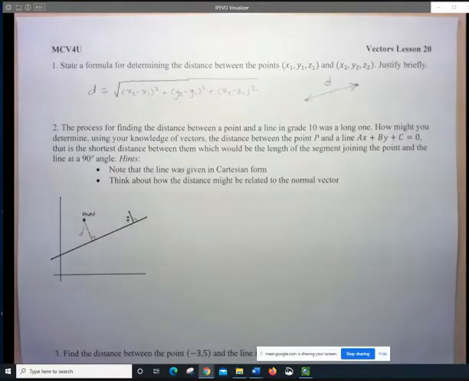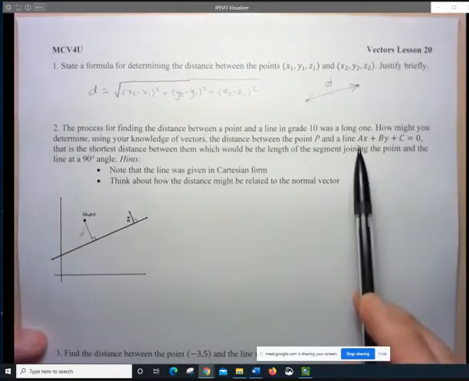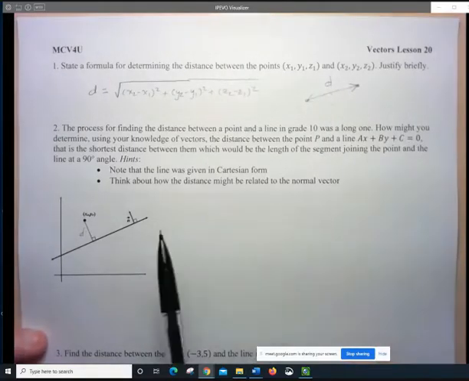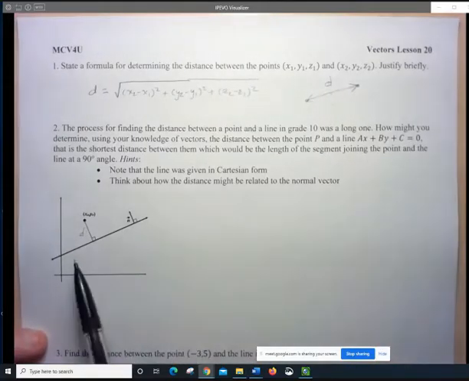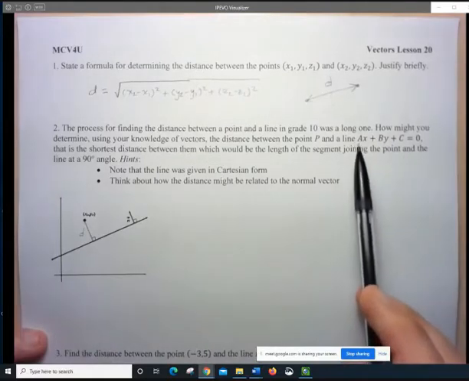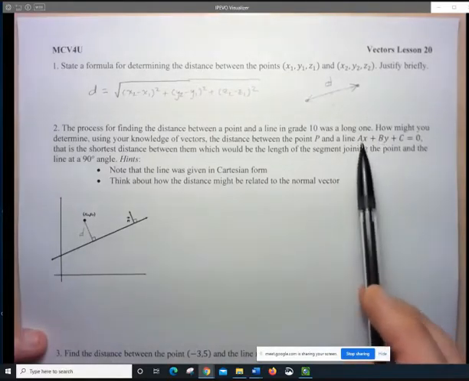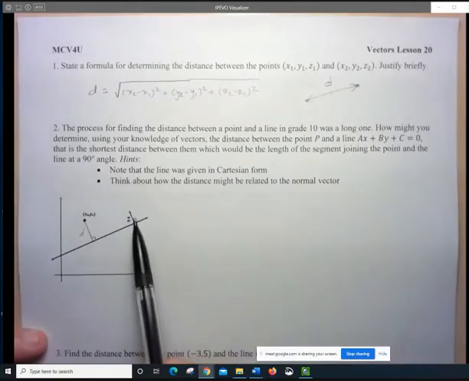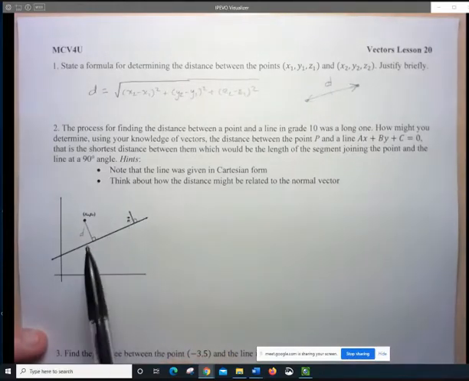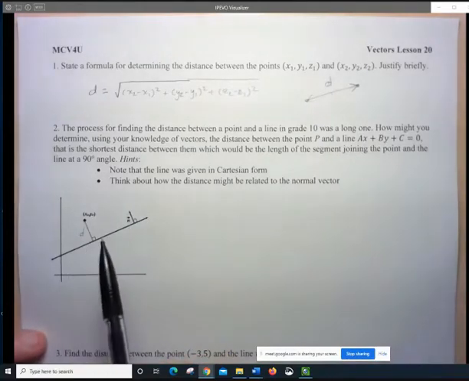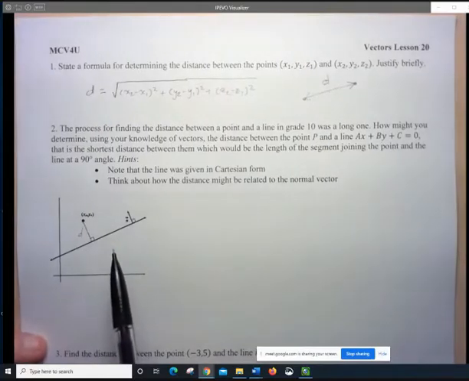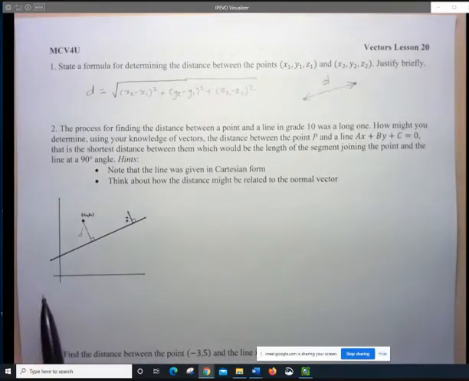Well, what I'm suggesting here is that if we work with the Cartesian form of the line, where now we recognize AB as representing the normal vector to this line, maybe we can come up with a better formula. So what I want you to do is think.